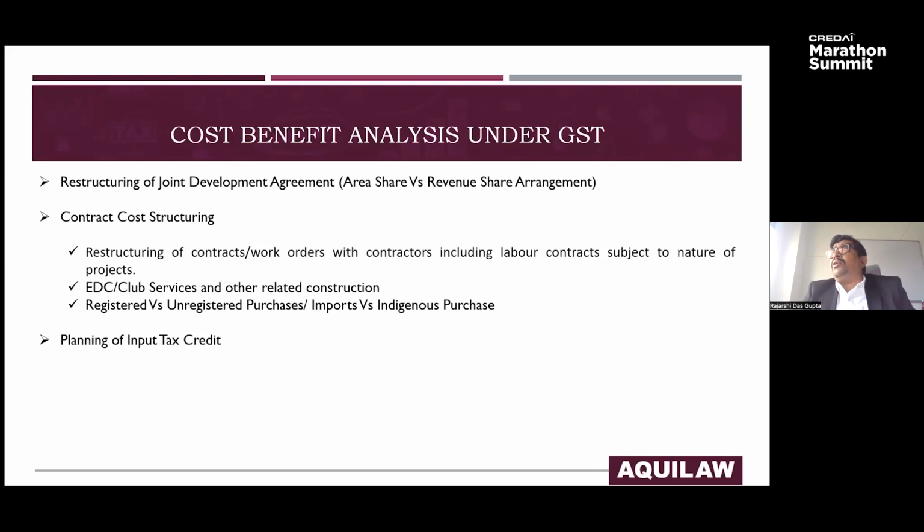In case the landowner's area is around 40%, 45%, 50%, and the developer gets into the construction service, the arrangement the developer might do is tweaking the contract and making it a separate contract, one for the construction service so far as it relates to the landlord, and one for its own construction to that extent of his area.